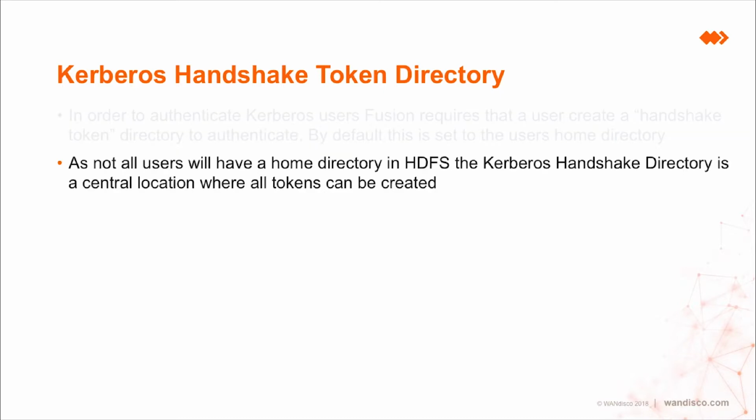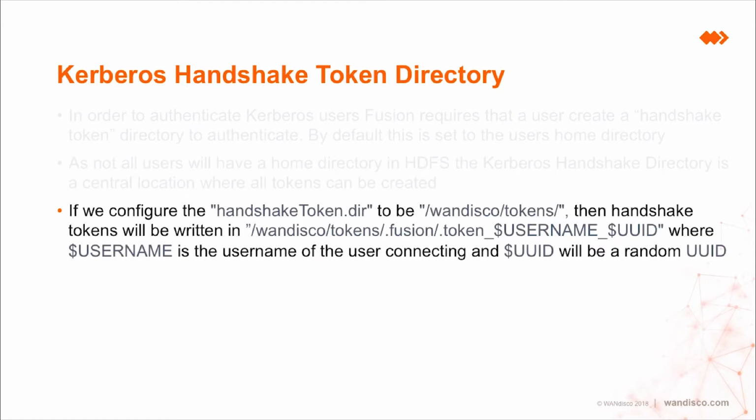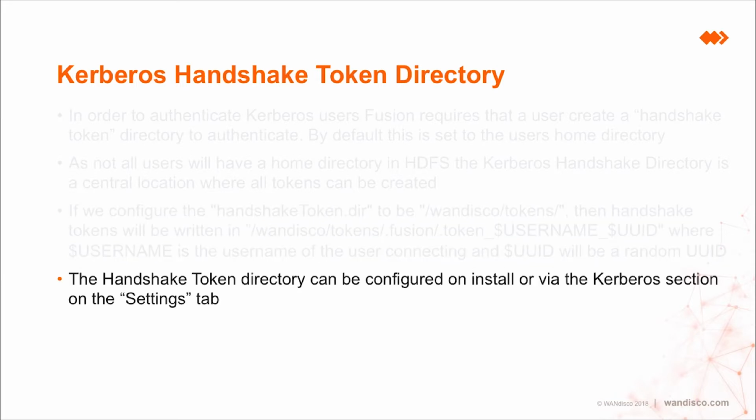As not all users will have that home directory, the Kerberos Handshake directory is a central location where all the tokens can be created. Configuring the handshake token dir to be, for example, /wandisco/tokens, then the handshake tokens will be written to /wandisco/tokens/fusion_token_$username_UUID, where $username is the username of the user connecting, and the UUID will be a random UUID.